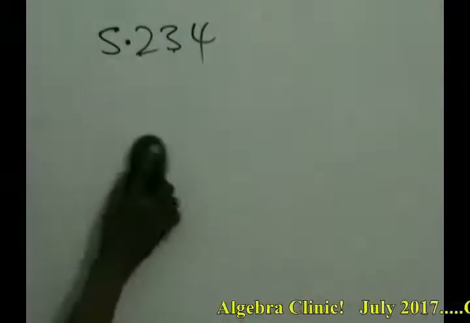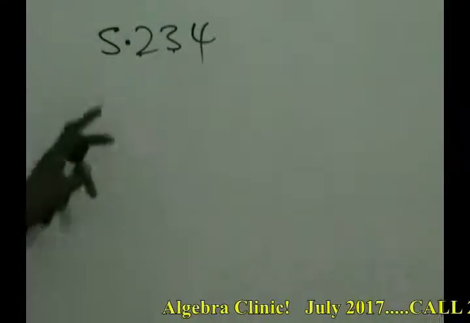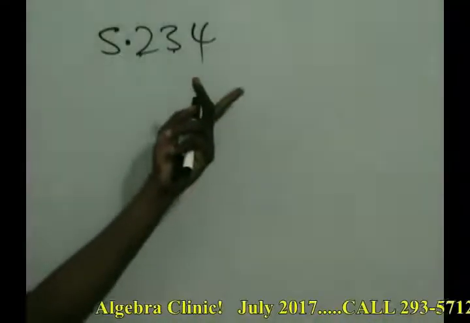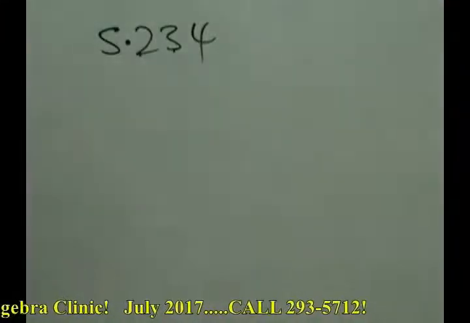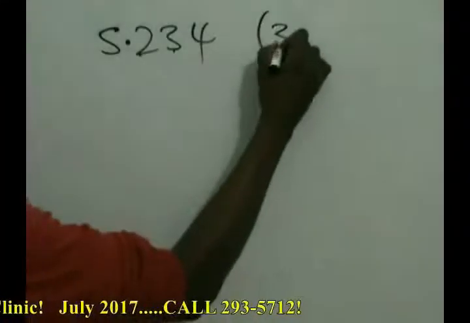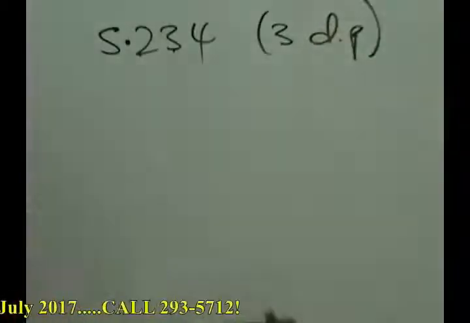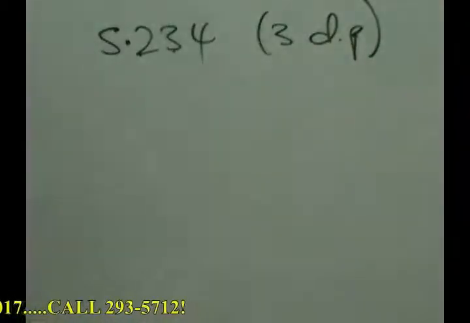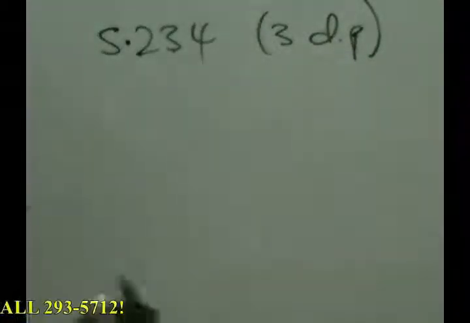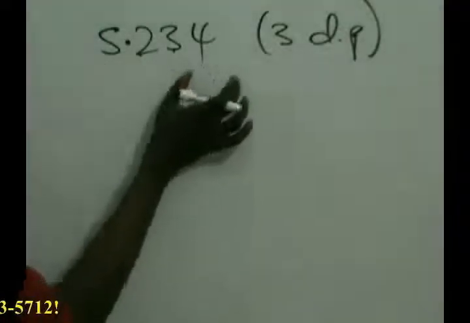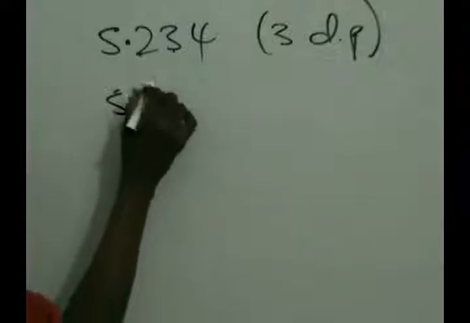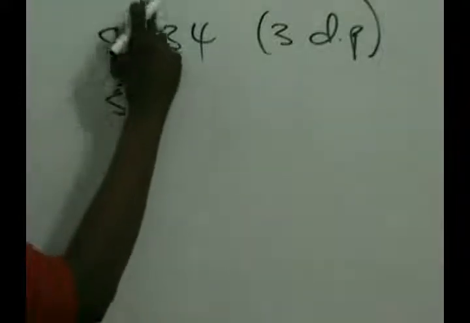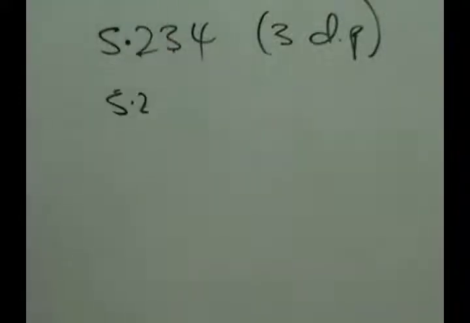Well, 5.234 is already expressed as 3 decimal places, right? So we don't have to change anything. This is 3 decimal places already. How about if you want 5.234 to 3 significant figures? Then the three significant figures will be 5.2, one significant figure, two significant figure, three significant figure.